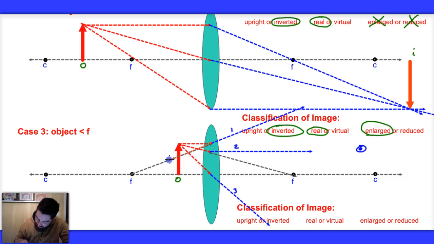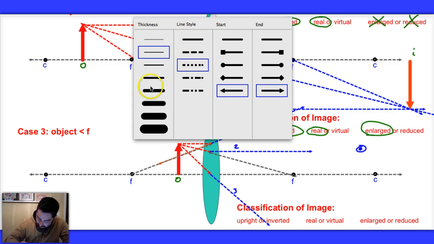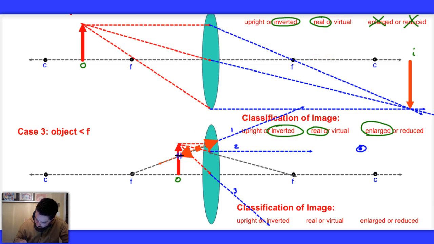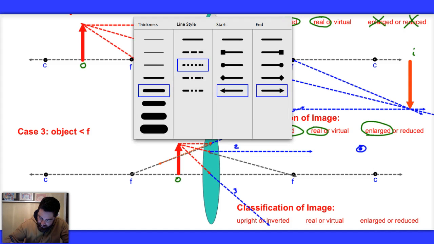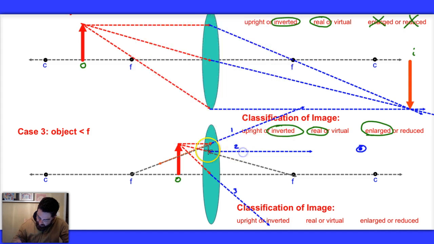So let's go ahead and see where those bring me. I don't know if that's dark enough. Let me thicken the line a bit. Probably a little too thick, huh? Let's get rid of that and try that. All right. Now we can see that come back here, here, and right up there.